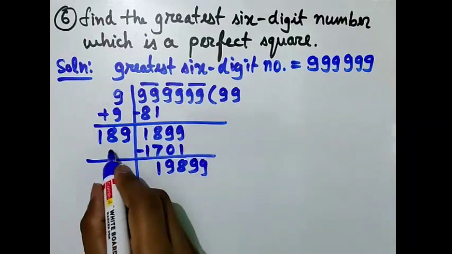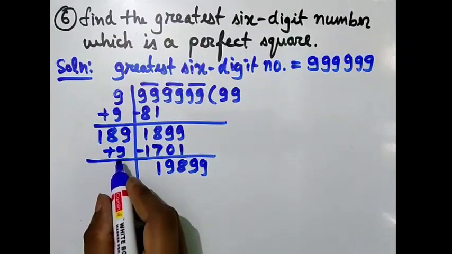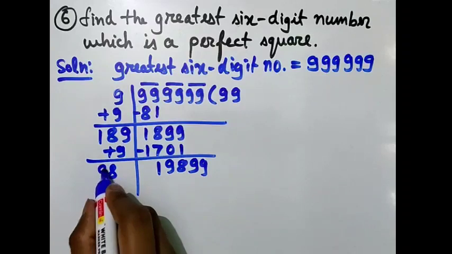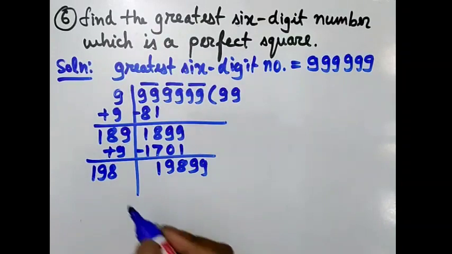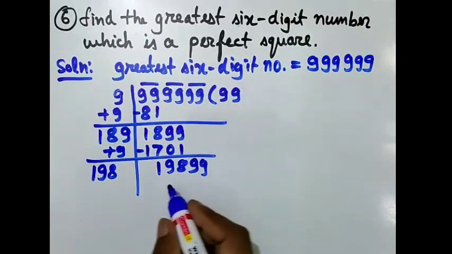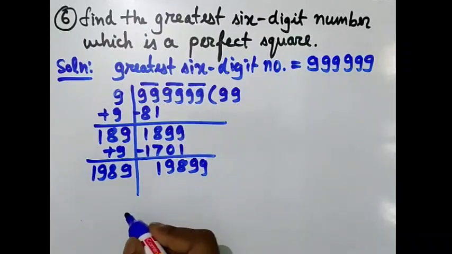Now what did we multiply here? 9. So we'll add. 9 plus 9 is 18. Carry 1, that is 9 and 1. So 1998. What number should I take here and multiply to get close to this number? Let's multiply by 9.